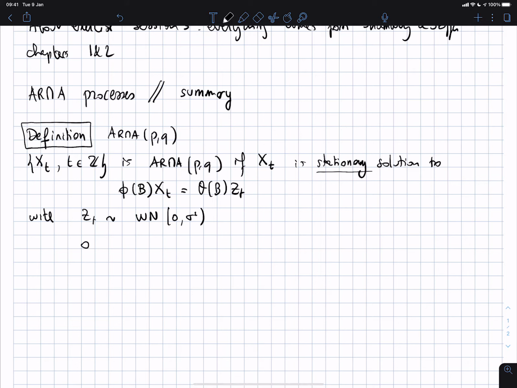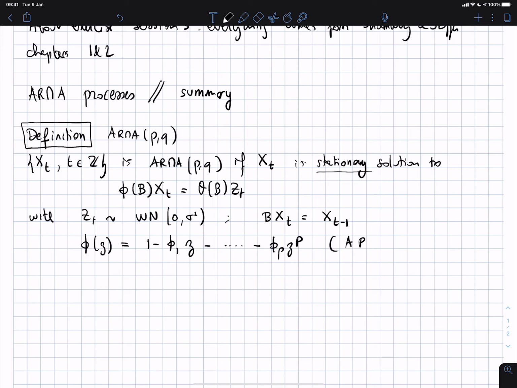B is just the backwards operator, and phi(z) is the autoregressive polynomial, which we decide to write in this form.